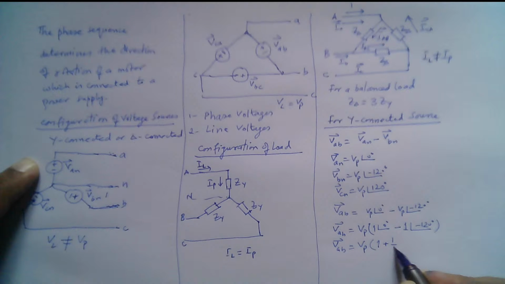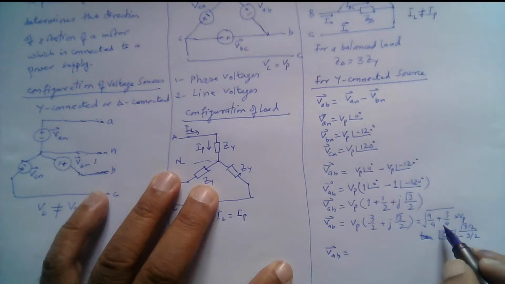If we now transform this back to the polar form, the magnitude will be the square root of 9 over 4 plus 3 over 4, multiplied by VP, and the angle will be tan inverse of under root 3 over 2 divided by 3 over 2, right? So 9 over 4 plus 3 over 4 is 12 over 4, which is 3.